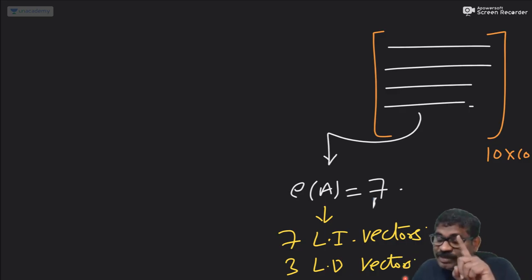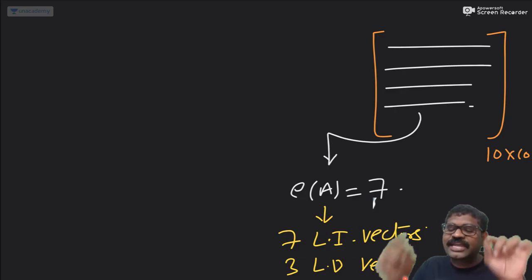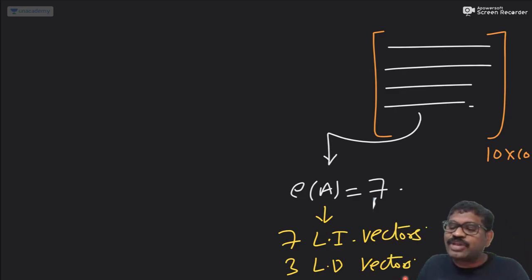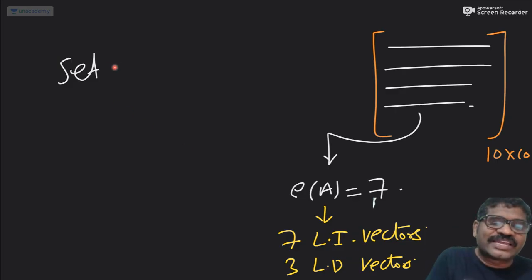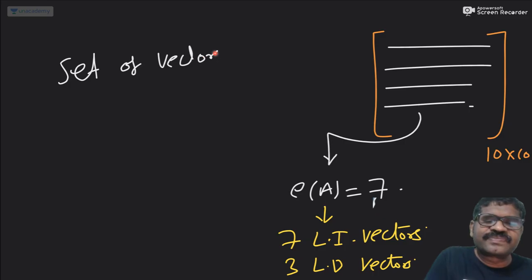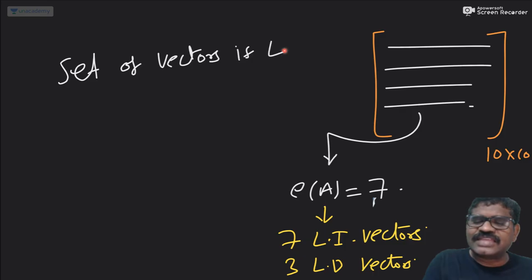But please remember, while writing the statement, we write that the set of vectors is linearly dependent.